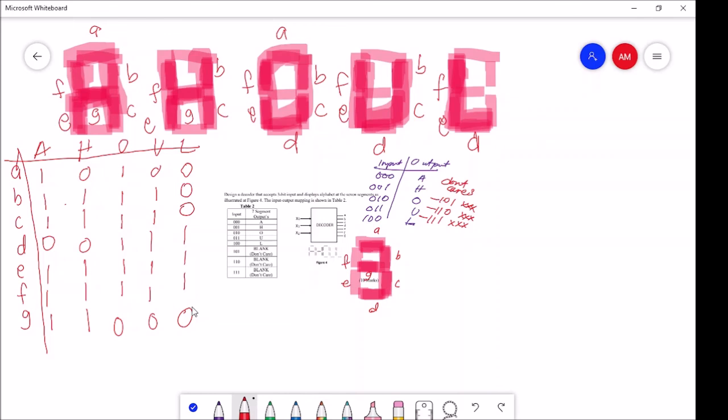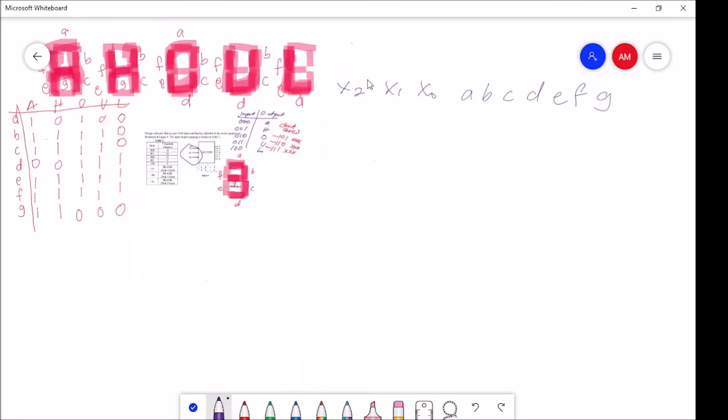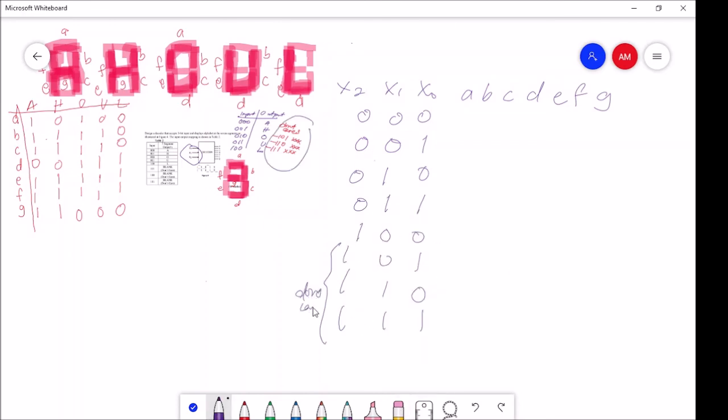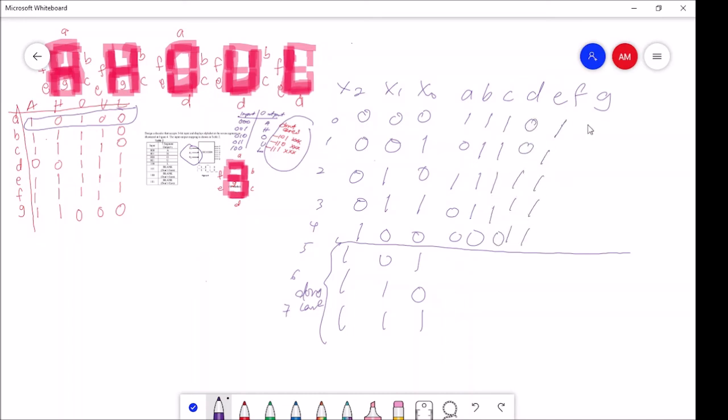Now we produce the truth table. Okay, write out the input first, X2, X1, X0, and then rewrite the output we get for each letter. Now that we have the truth table, it's time to write the summation.